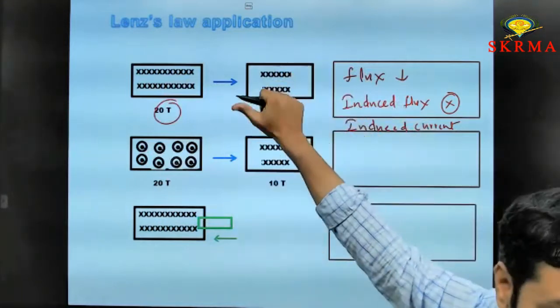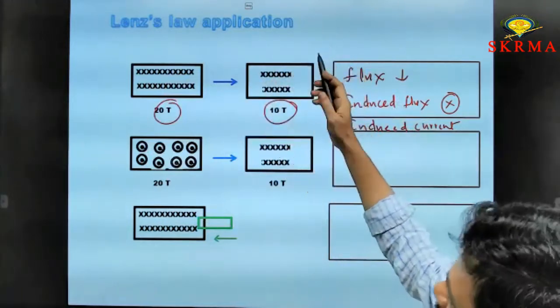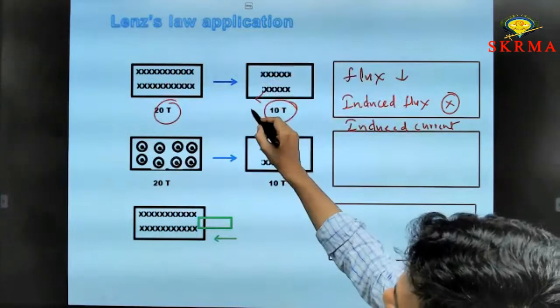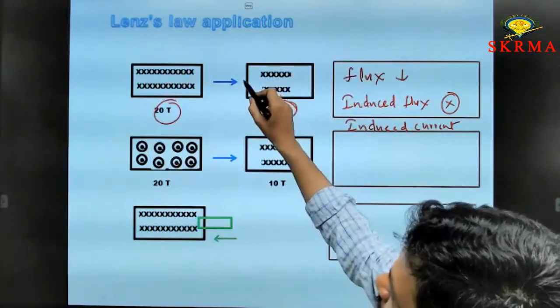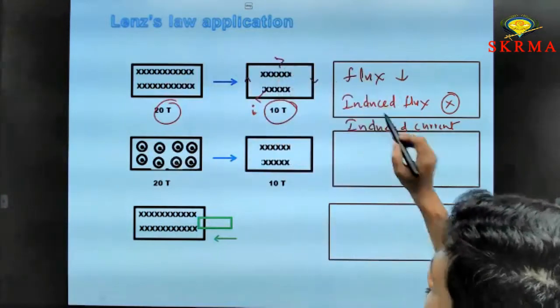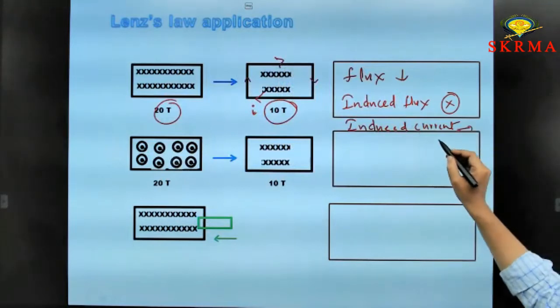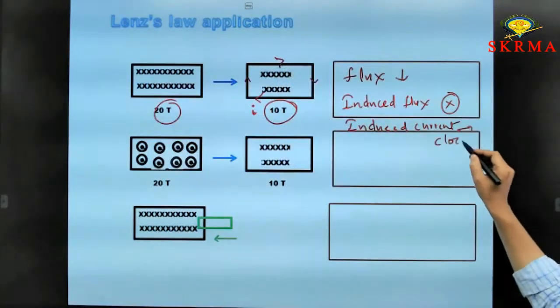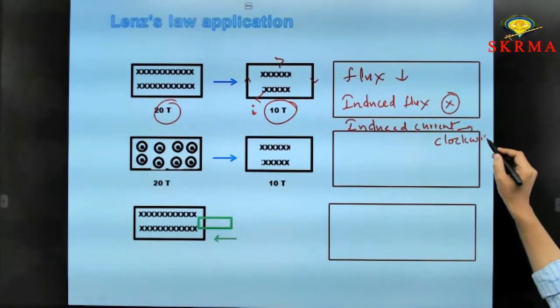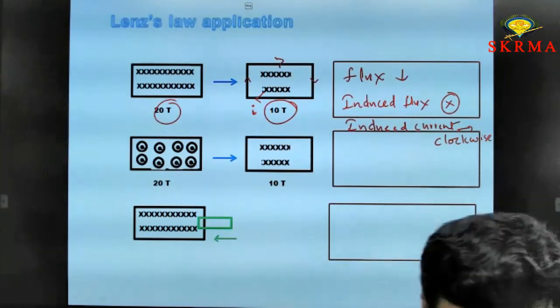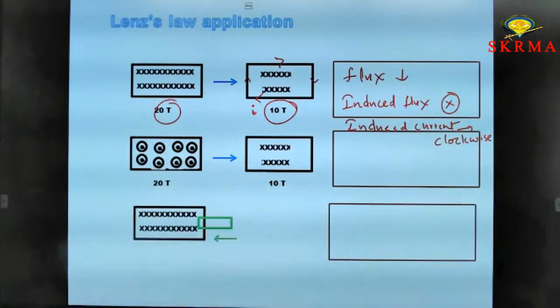The thumb represents the direction of current. Here the induced current is clockwise, right? This is clockwise. In most cases, they ask the direction of induced current or induced flux in examinations.